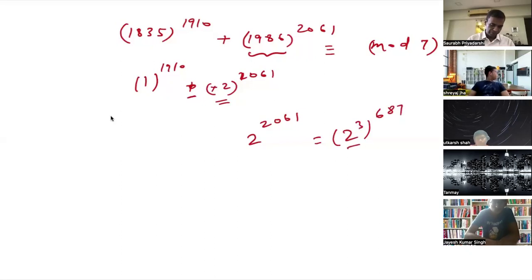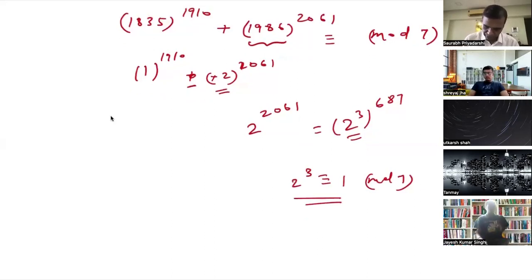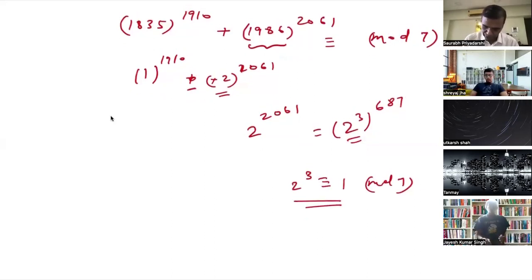Congruent to 1 mod 7, right? Okay, everyone. Right? So this is minus 1 and -1, that will be 0. So this is always divisible, right?